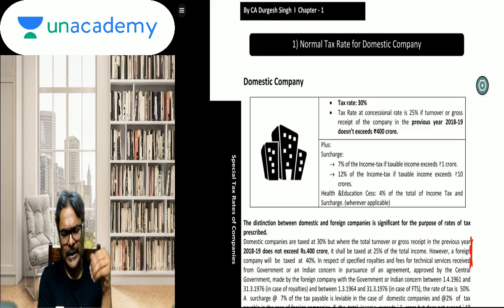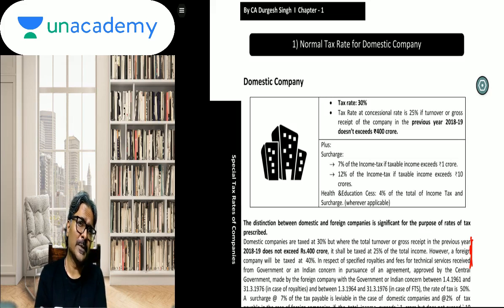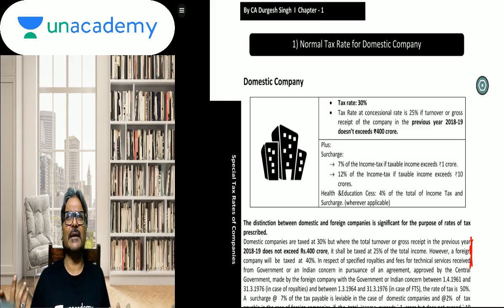It is only the balance of the total income that will be charged at the 25% rate, provided you are an SME. And if you are not an SME, then as we all know, it is always at 30%.